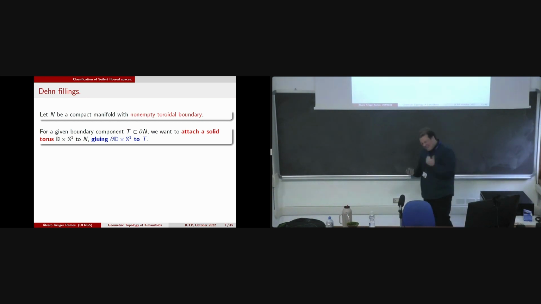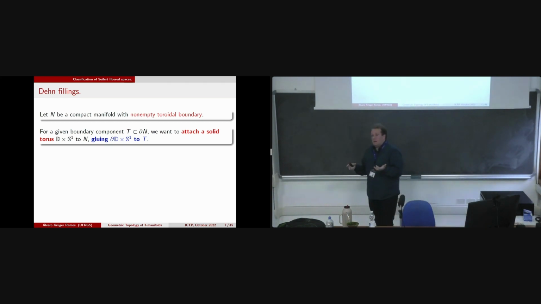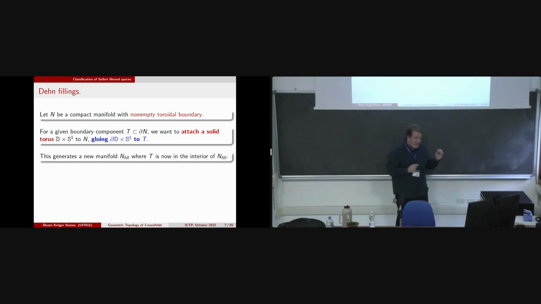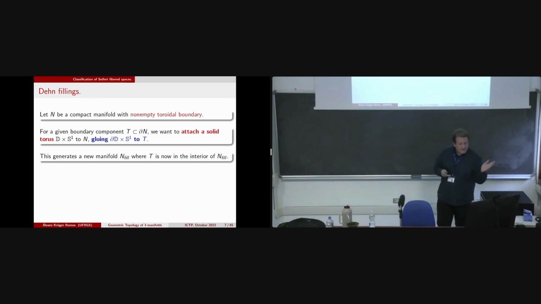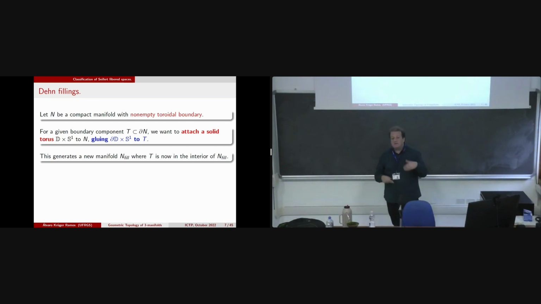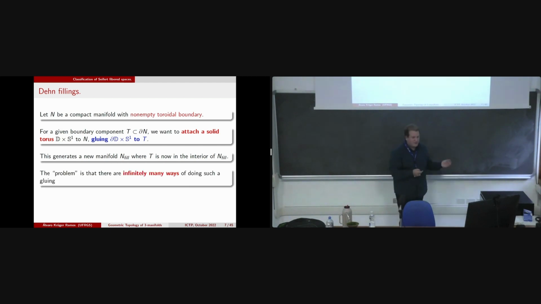So it's basically a connected sum, but instead of using balls, spheres, you use tori, but a very special gluing because you are gluing a solid torus. So this generates a new manifold. I'm calling it here N fill, and now T is in the interior of this filled manifold.